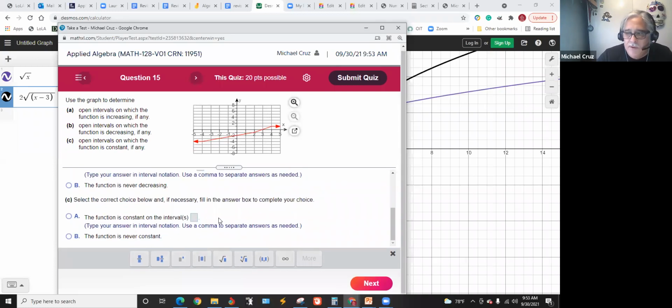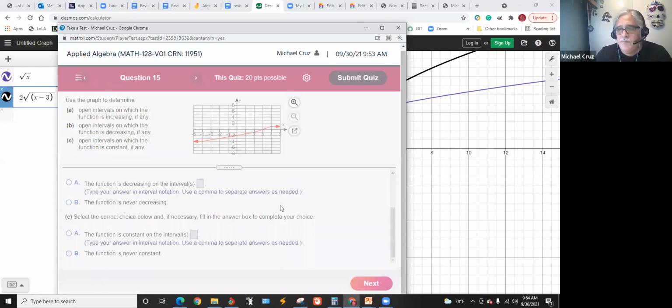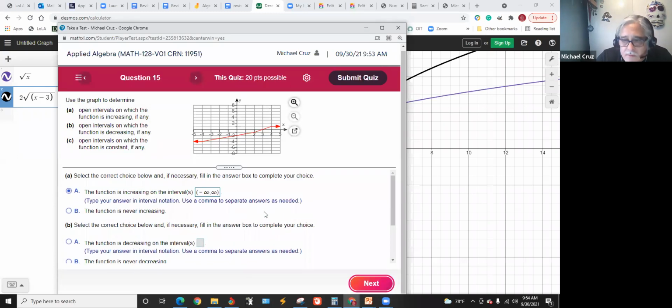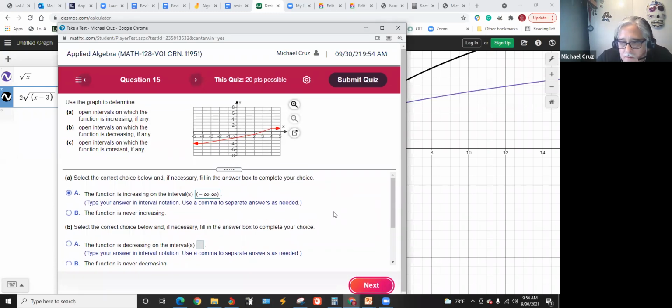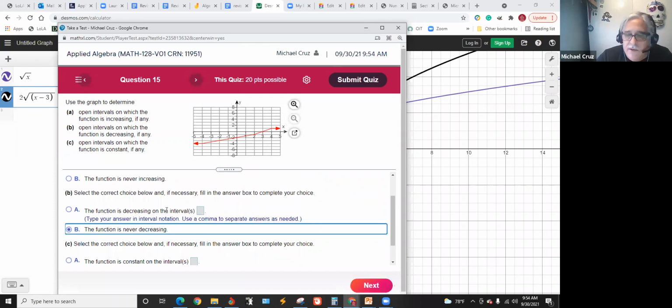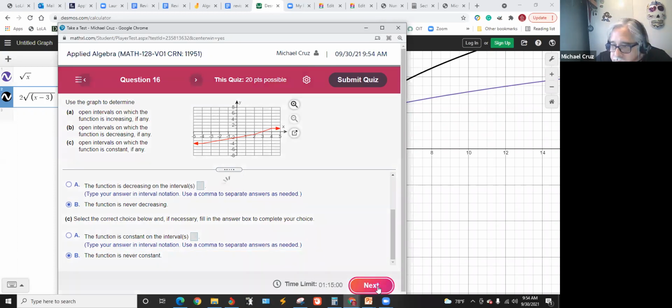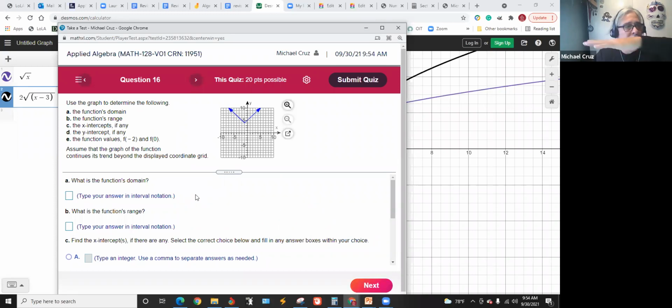This is if it's decreasing. So if it were going down, then we would do B. And then C is if it were a straight line, a horizontal line, a constant function. Well, what else was there to answer? Oh, okay. We got to answer all of them. I'm sorry. All right. So the function is never decreasing, and it's not constant. If there were like a little flat piece in there.